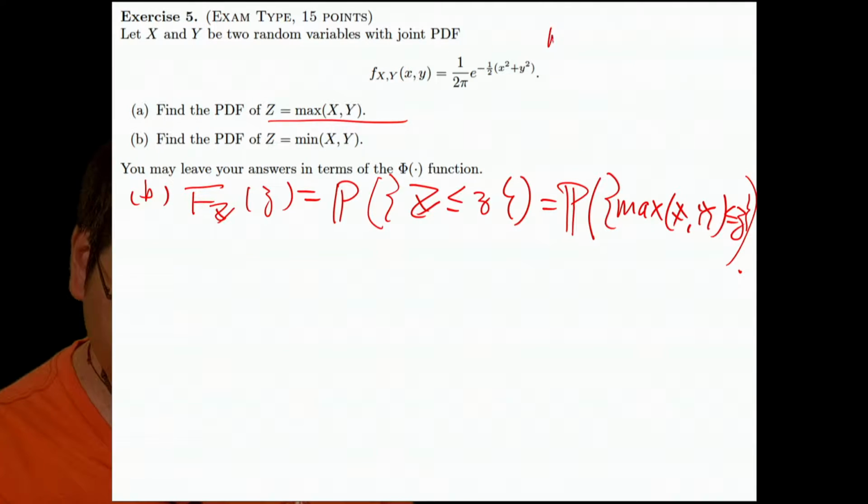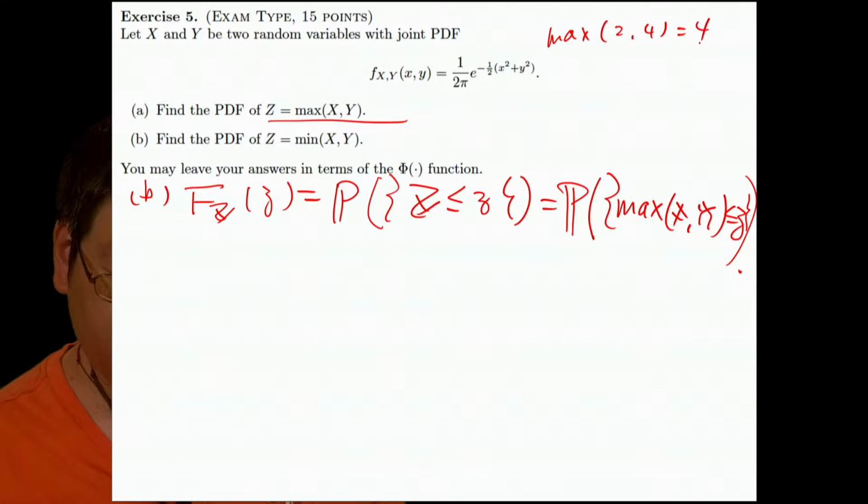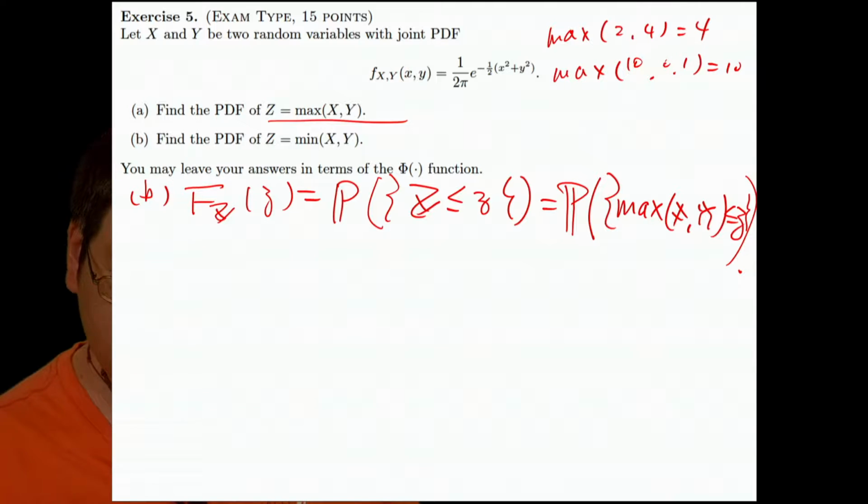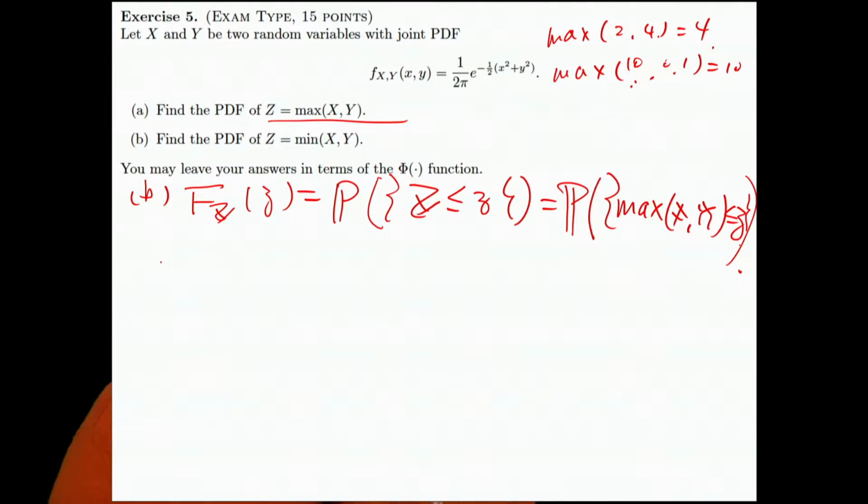For example, the maximum of 2, 4 is 4. The maximum of 10, 0.1 is 10. So no matter this number or this number, I always get something less than z.